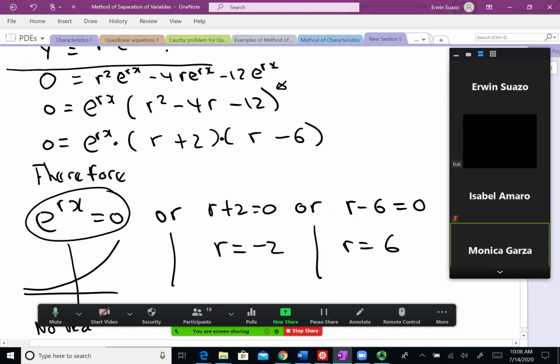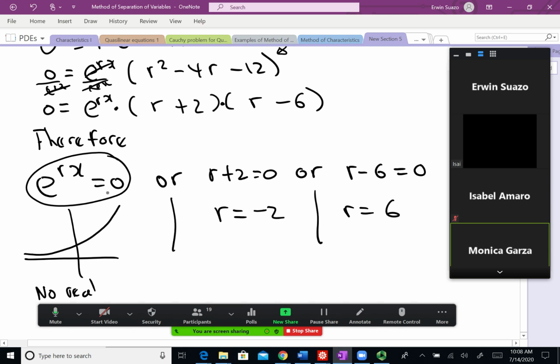Another thing you could do from the beginning is divide both sides by e to the rx, so I cancel it, and then I have to solve the quadratic, so I use the quadratic formula. But you need to recognize that e to the rx is never going to be 0. Either way, you have to mention this is never 0.